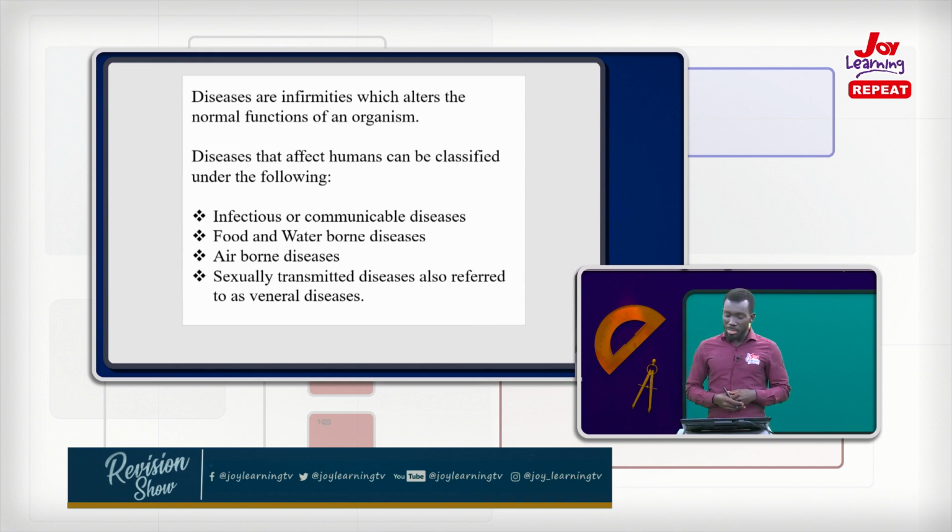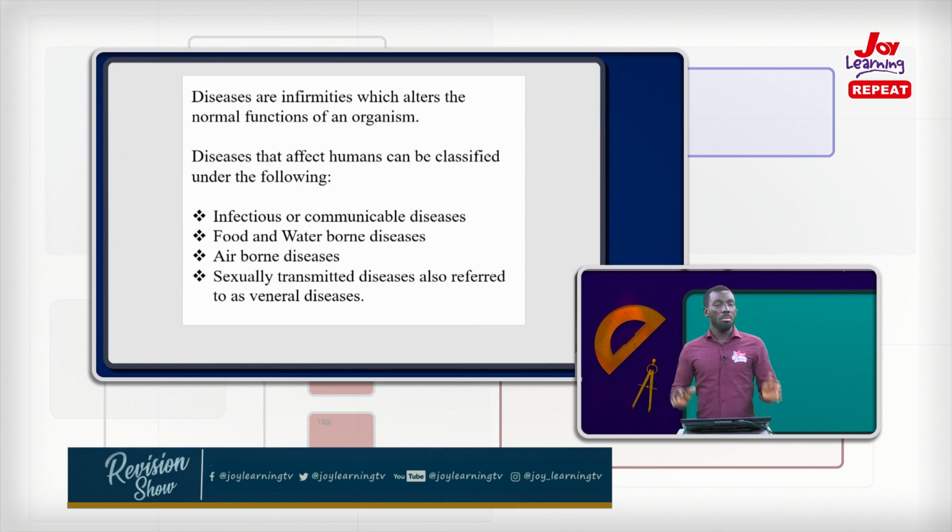Now, diseases that affect humans can be classified under the following. There are so many of them, but these are the general headings under which they can be classified. We have one which is called infectious or communicable disease. These are diseases that can be transmitted or contracted from one person to another. So let's say I have it. I come very close to you, through the air that we all breathe, through exchange or body contact of any kind, and then that disease can be transferred from me to you because it is infectious.